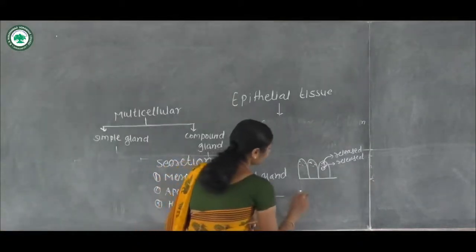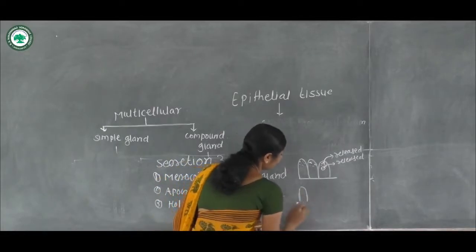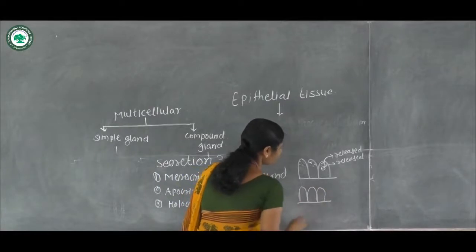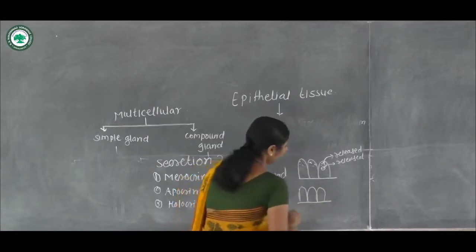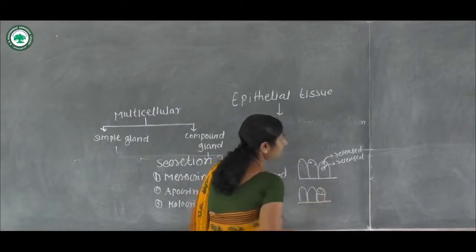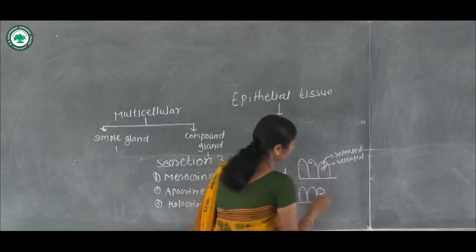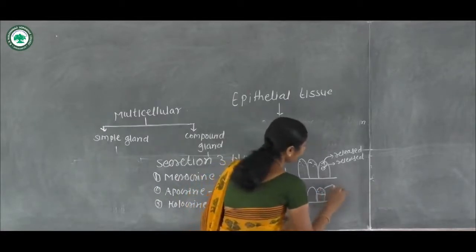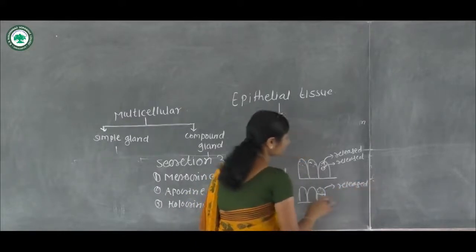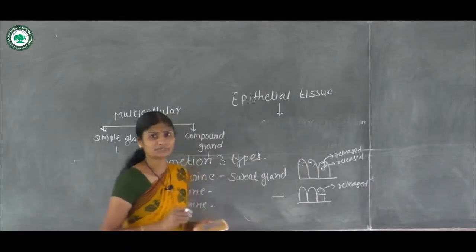Here the secretion is present towards the apical portion, and this pinched-off portion is released, and the cell is not completely destroyed.